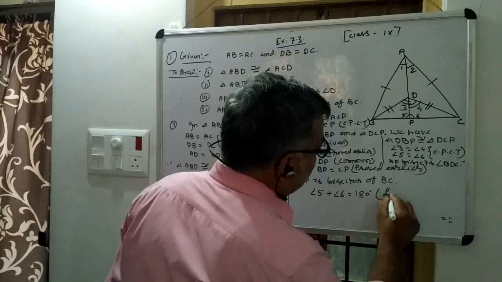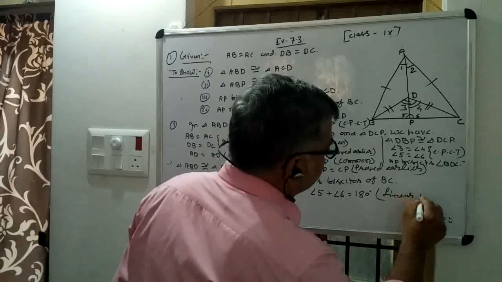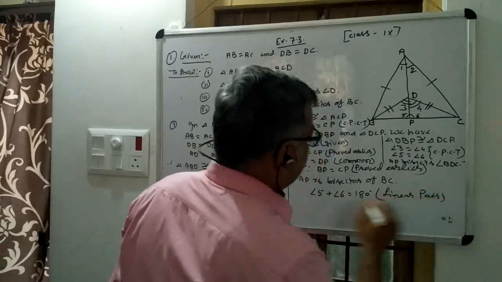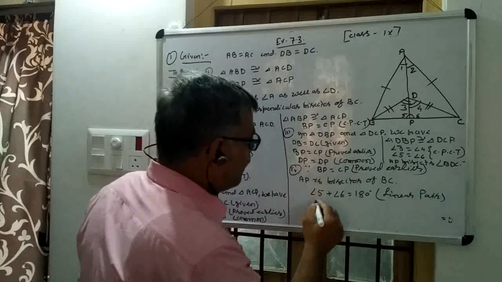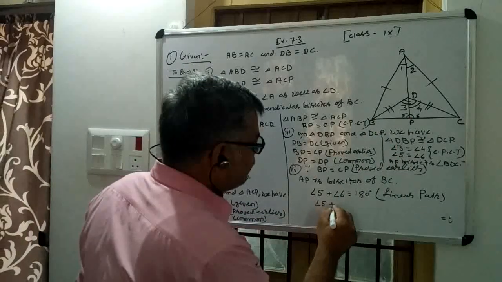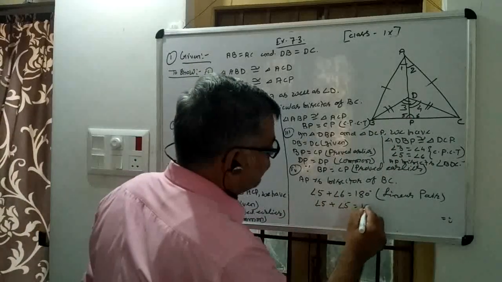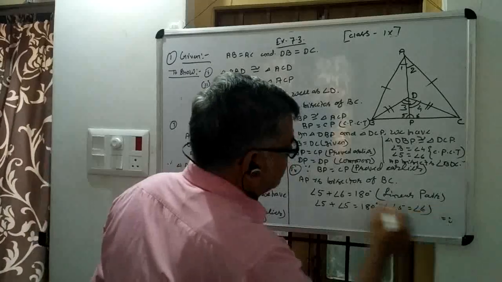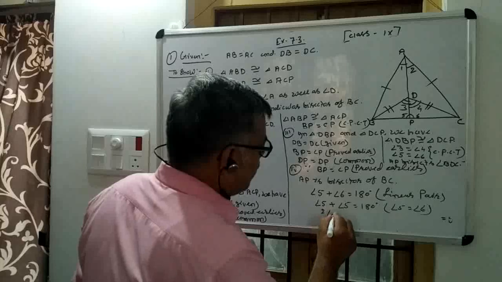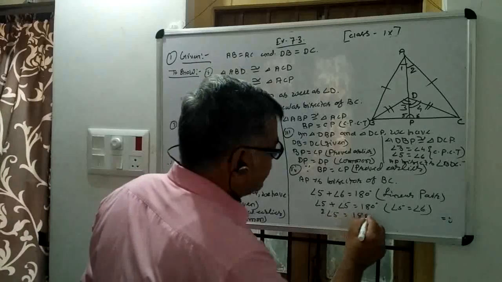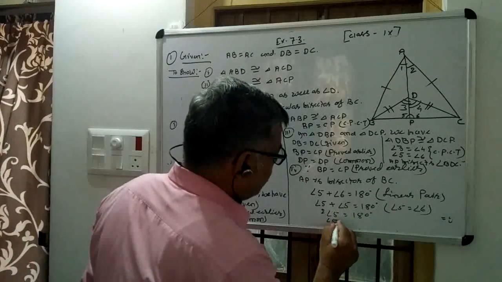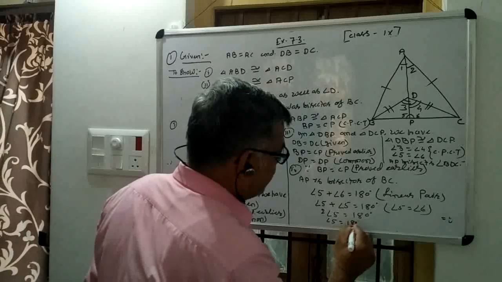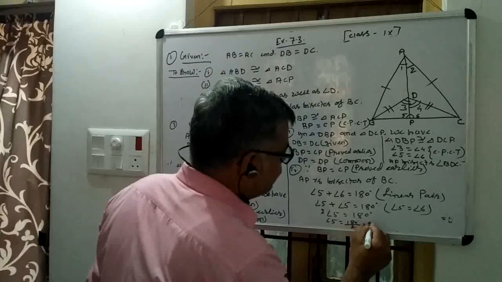This is due to linear pair. But 5 and 6 are equal. So you can write angle 5 plus angle 5 equals 180 degrees, because angle 5 is equal to angle 6. So twice angle 5 equals 180 degrees. So angle 5 equals 180 degrees by 2, that is 90 degrees.